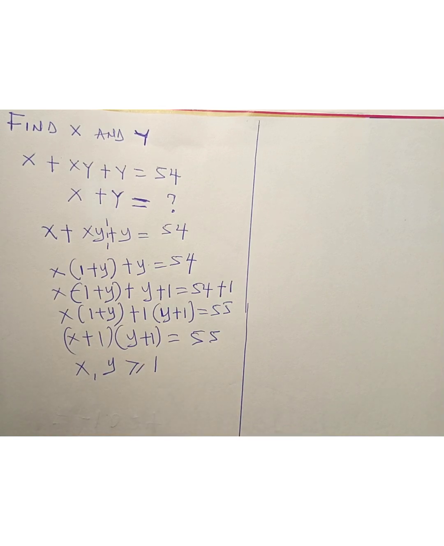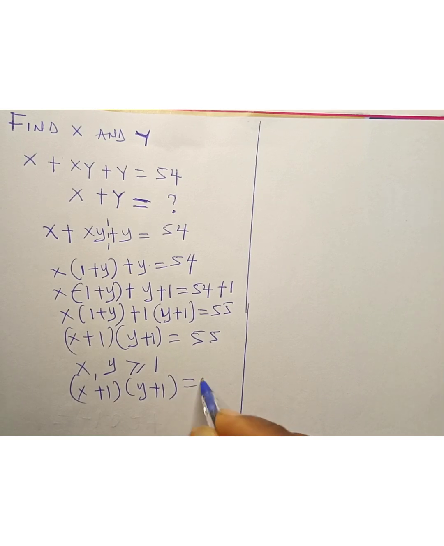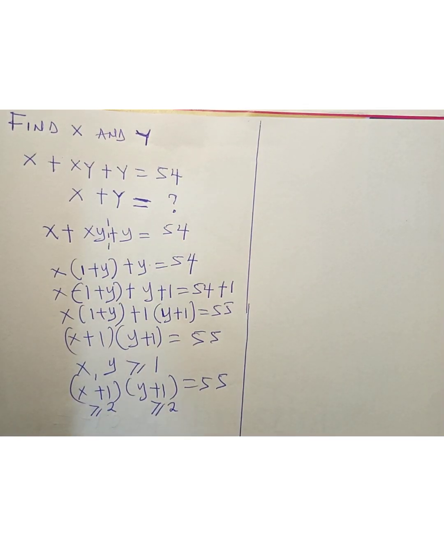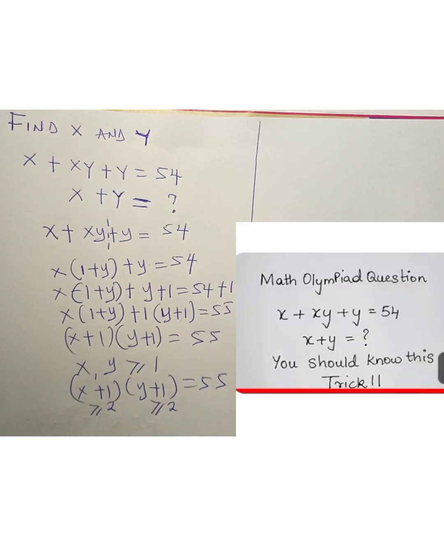So x plus 1 and y plus 1, since 1 is added to each, will be greater than or equal to 2. Because of that, we can find the factors of 55.